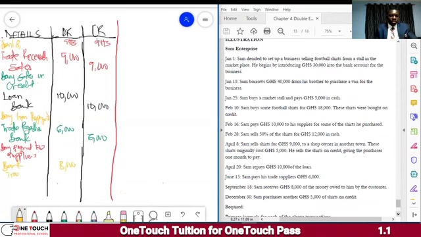We have trade receivables also reducing by 8,000.